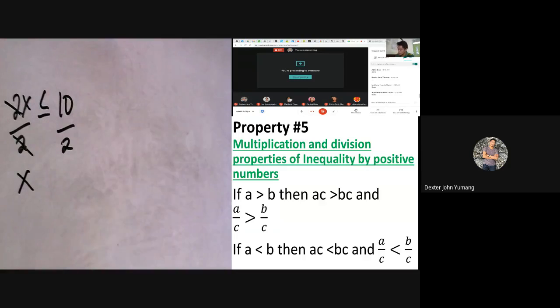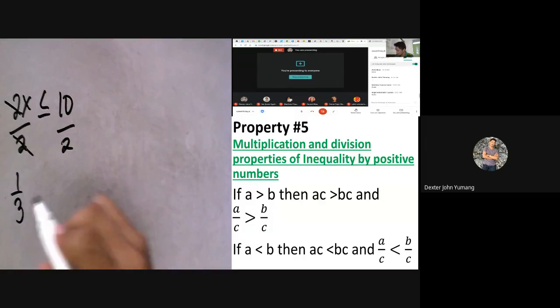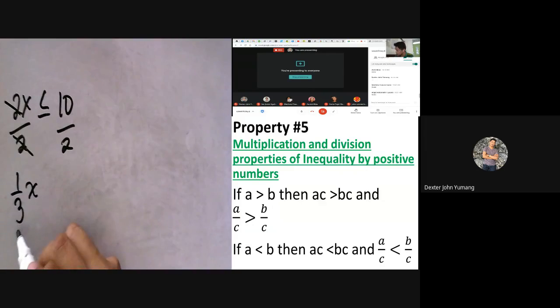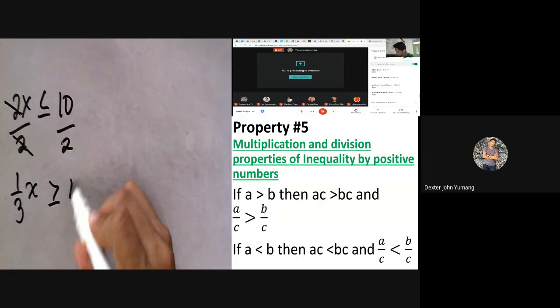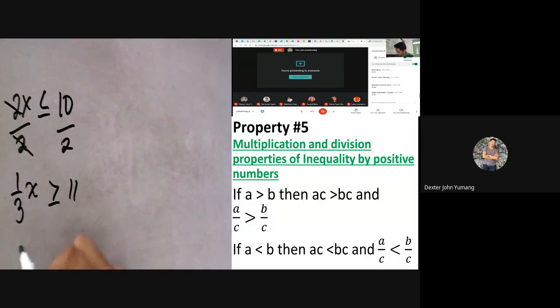Okay? So what if naman kung magmumultiply ka? Tulad nito. Usually, ang multiply, ginagamit lang siya kapag merong fraction. Like this one. Fraction siya, di ba? So, in that case, mag-multiply ang gagawin natin. Hindi tayo magdi-divide, hindi mag-over 1/3. Kasi pag mag-over 1/3, malito ka na.